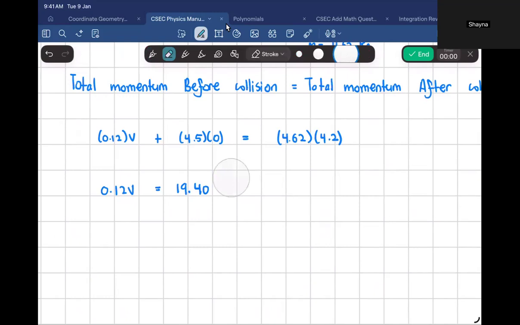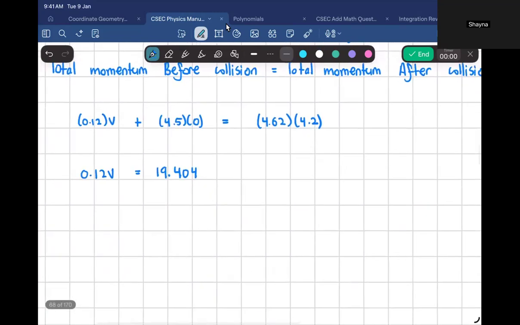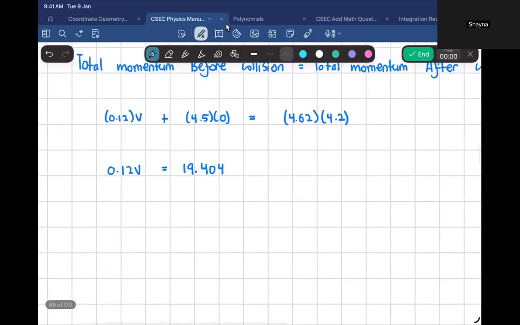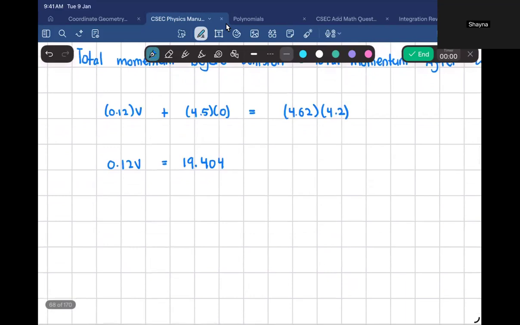It's not rounded, it's 19.404, literally 19.404. But when you're doing multi-step calculations, try to use the exact value. I understand here that 19.404 is the exact value, so that's good. Then we would divide both sides by 0.12. So V would just be equal to 19.404 divided by 0.12. And what did you get?